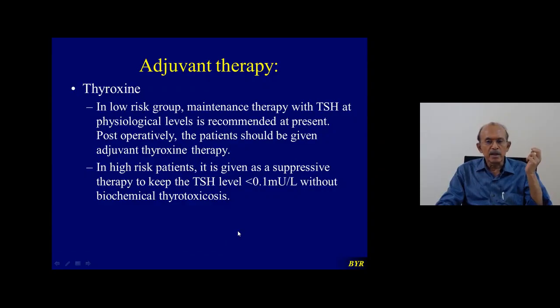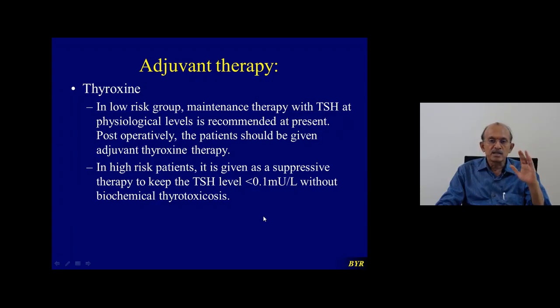What is suppressive therapy? It is suppressing the TSH. So the TSH is normally 5 milliunits per liter. That is normal. So you give thyroxine in such a dose that TSH levels are less than 0.1. That means you give a high dose of thyroxine.